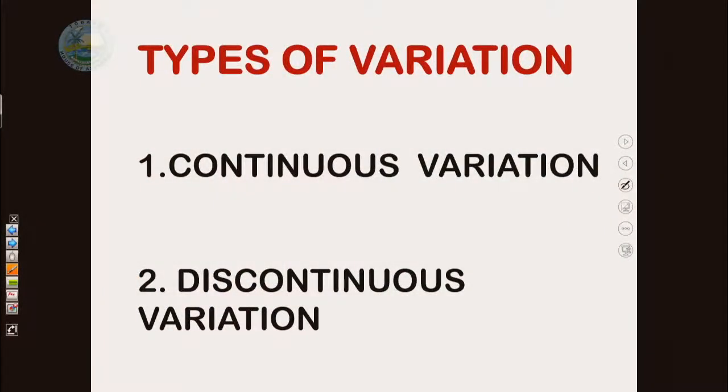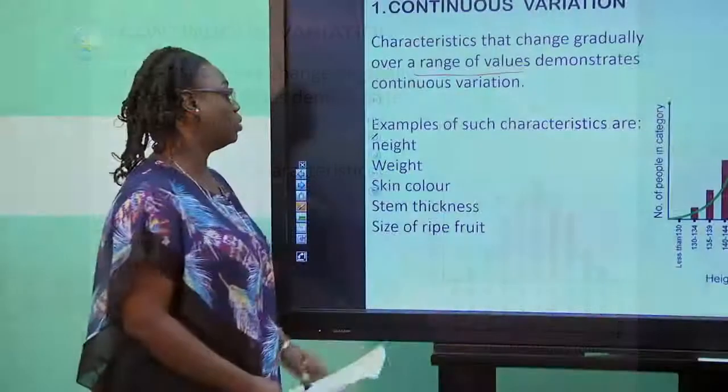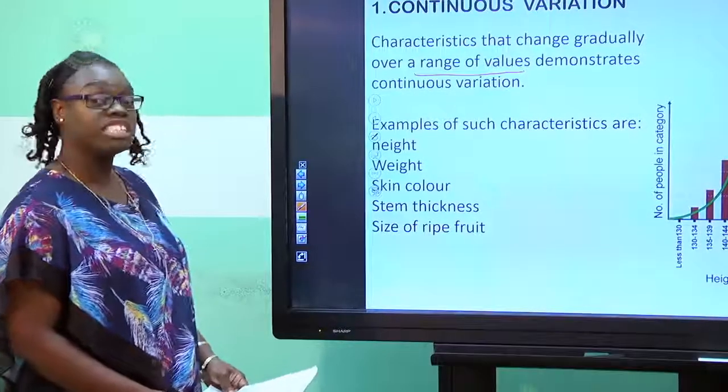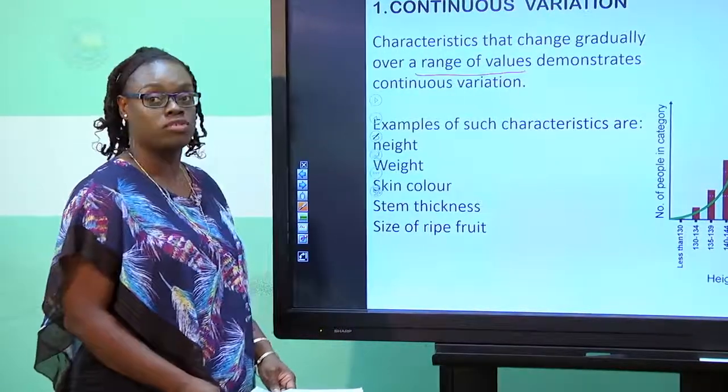So we have two types of variation: continuous and discontinuous variation. Continuous variation is demonstrated when a characteristic has a wide range of values. For example, height, weight, skin color, stem thickness, and shape or size of the ripe fruit.